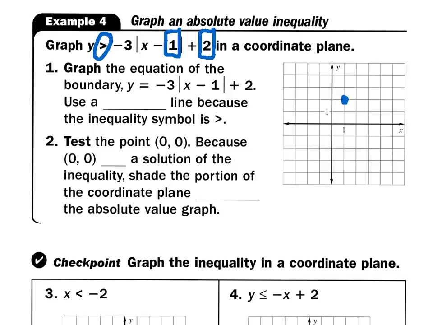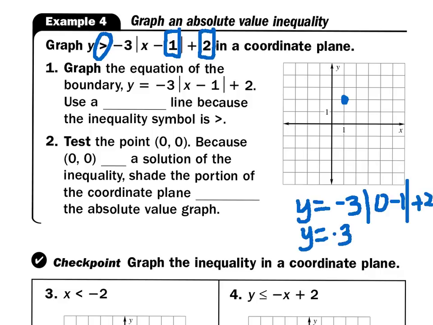Now, I need to pick another point to show where my V would be. So let's pick 0 for x. So y equals negative 3 times the absolute value of 0 minus 1, plus 2. The absolute value of 0 minus 1 would be positive 1.